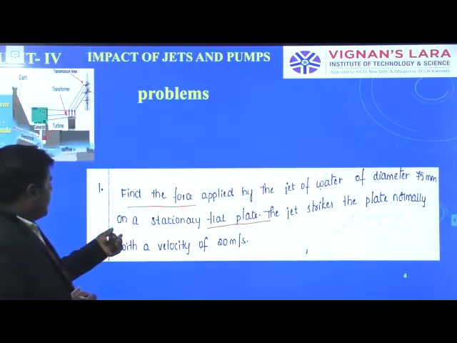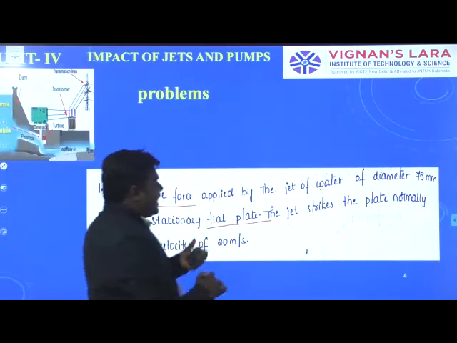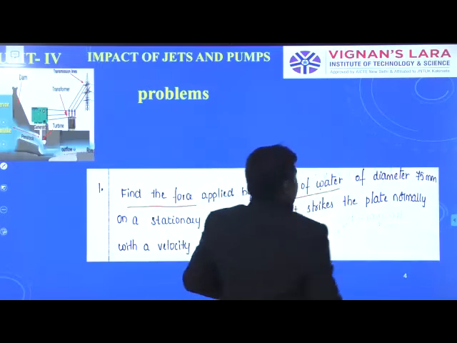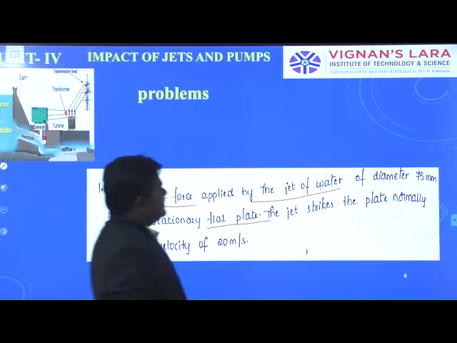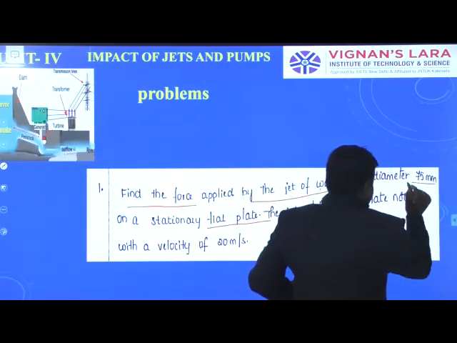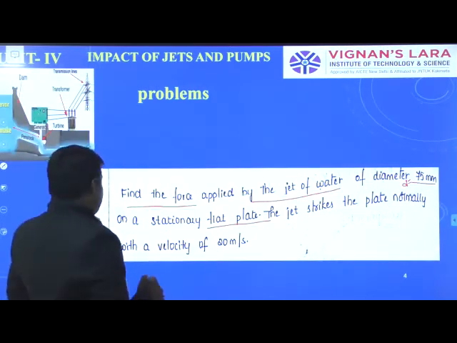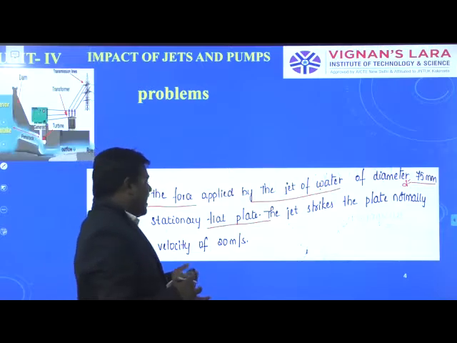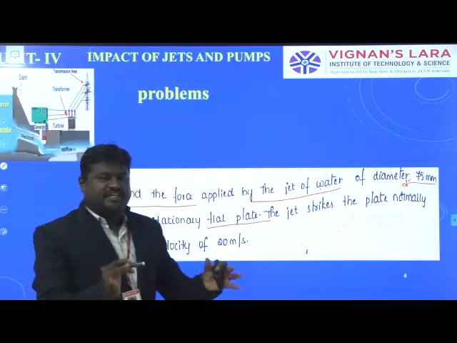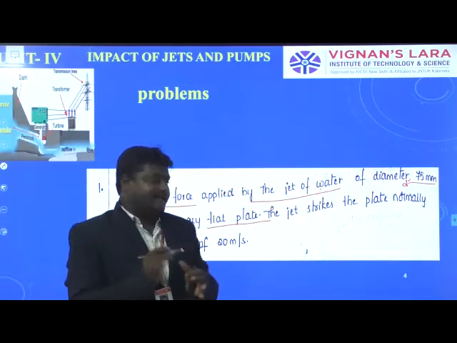We want to find the forces applied by the jet of water of diameter 75 mm on a stationary flat plate. They have given the diameter, that is 75 mm, and the stationary flat plate.